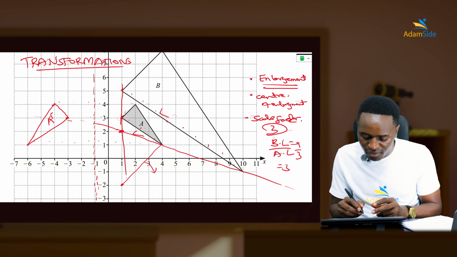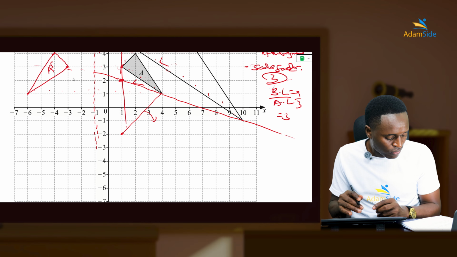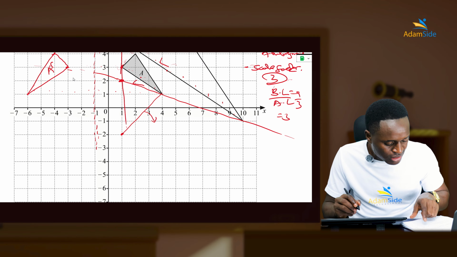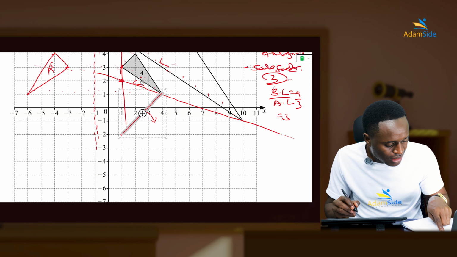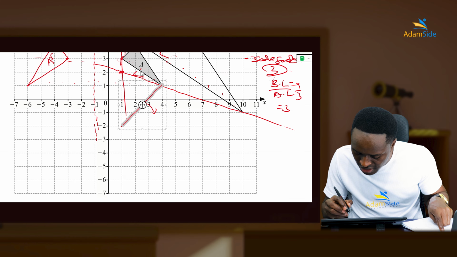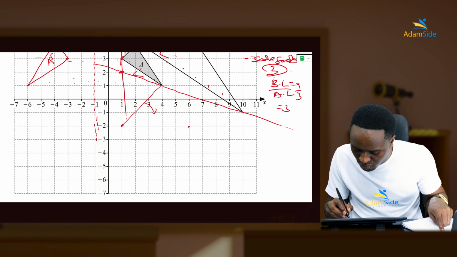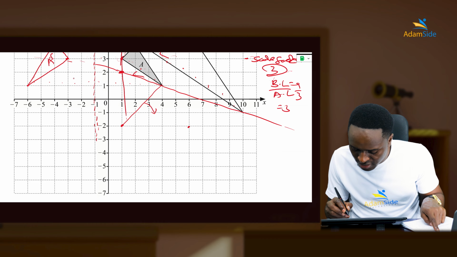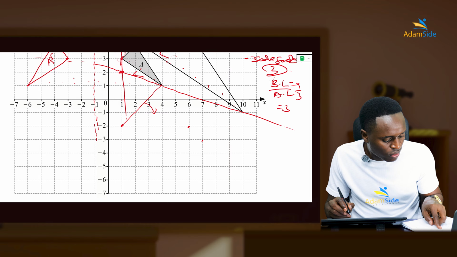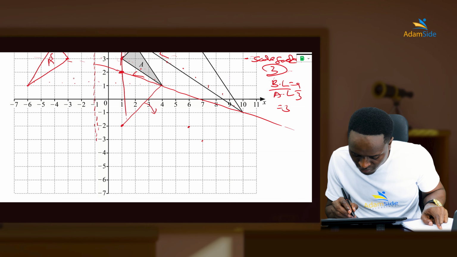Scroll down as long as you find the center of rotation. So 90 degrees clockwise, your image will end up at 6, -2. Then it moves to 7, -3, and then we have 4, -5.